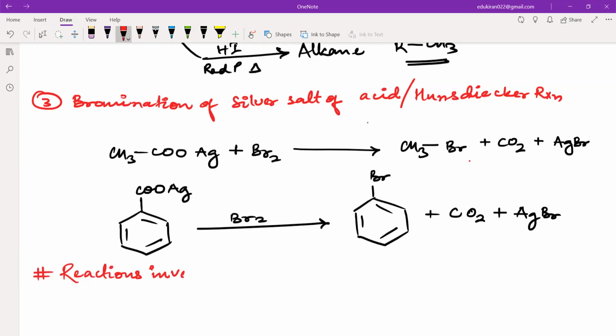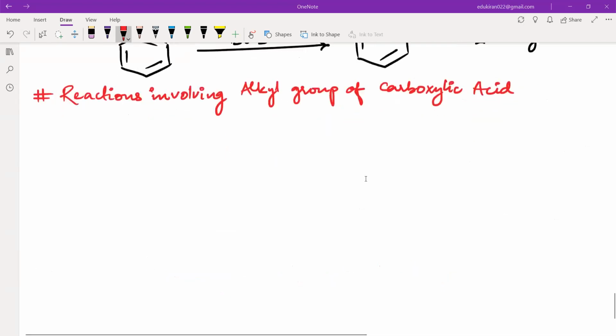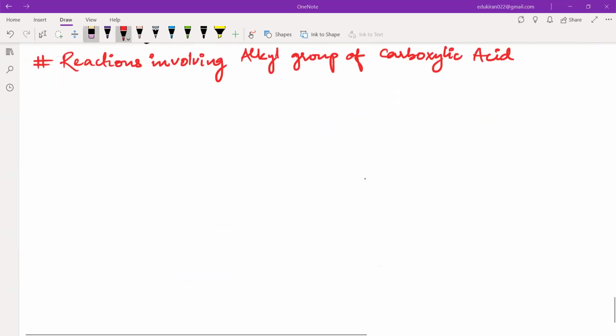Reactions involving alkyl group of carboxylic acid. First reaction is halogenation.